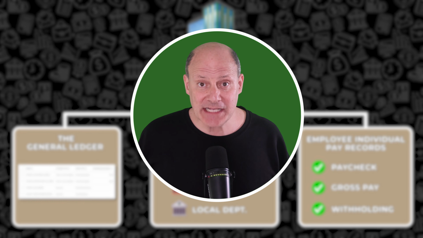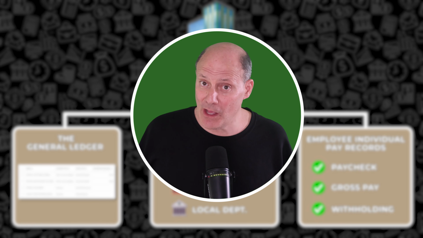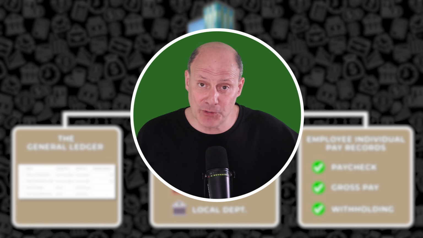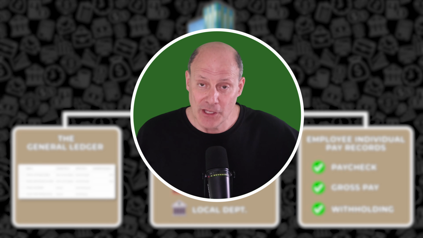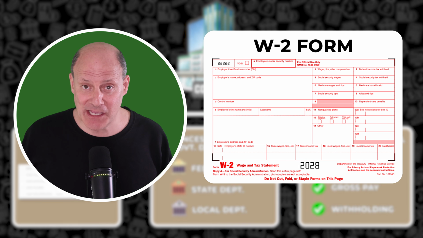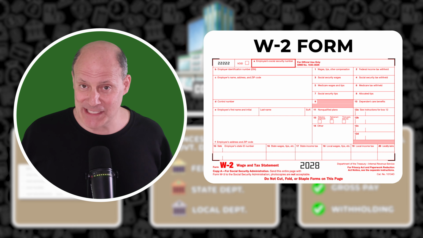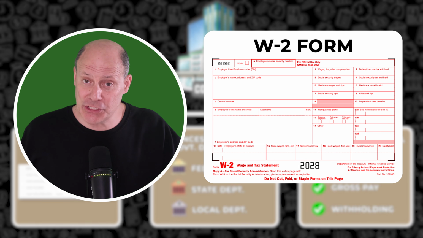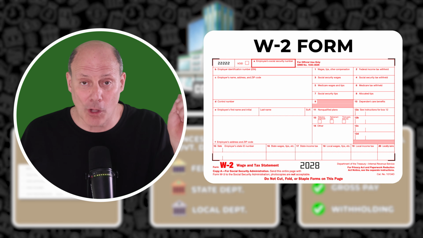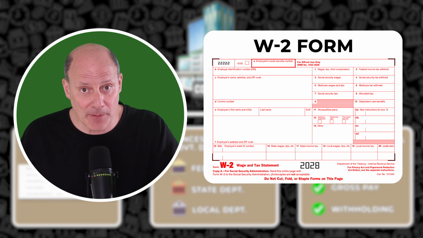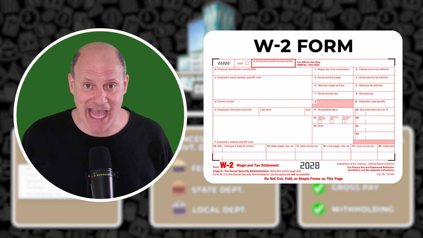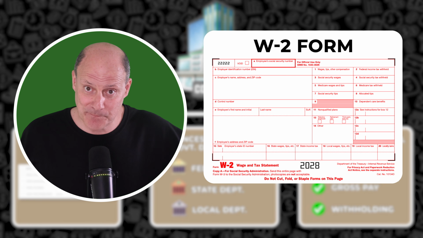This information is necessary because, as we all know, the company needs to use each individual employee earnings record to create a W-2 at the end of the year. And we all know, as employees, we get a W-2 that tells us all of our gross pay and all of our withholdings, and that W-2 helps the worker file their final income tax the following year.